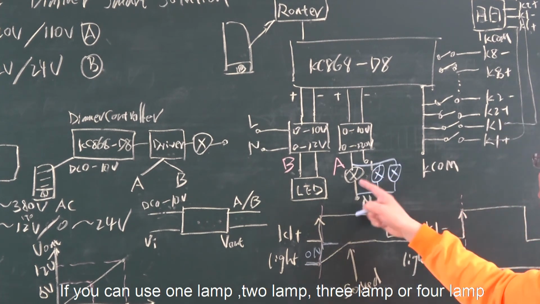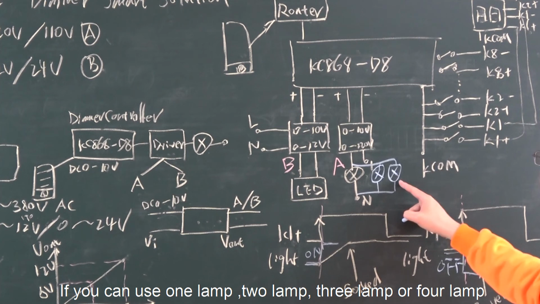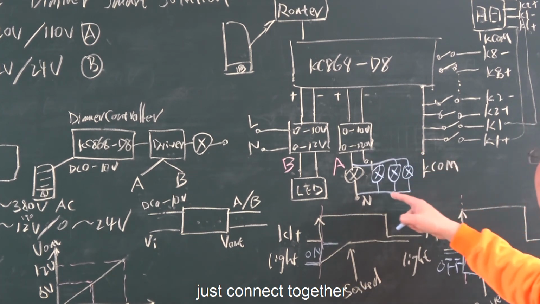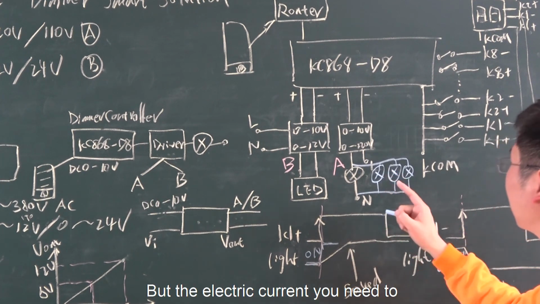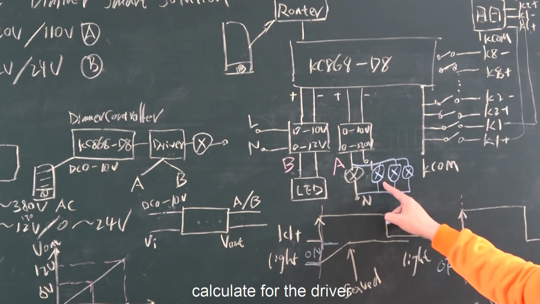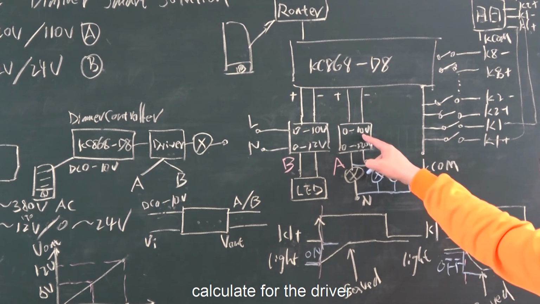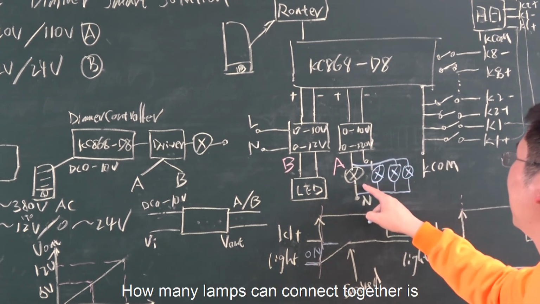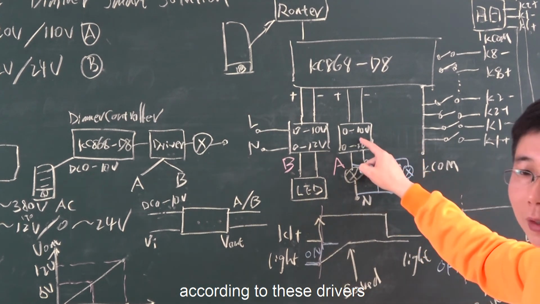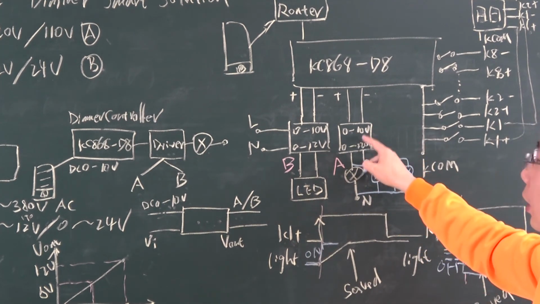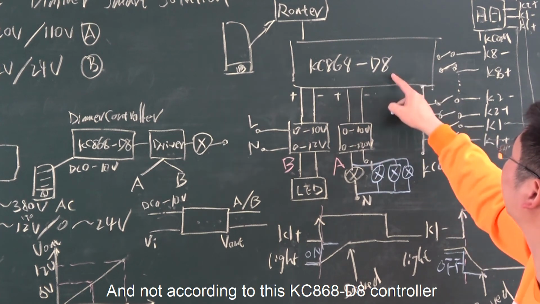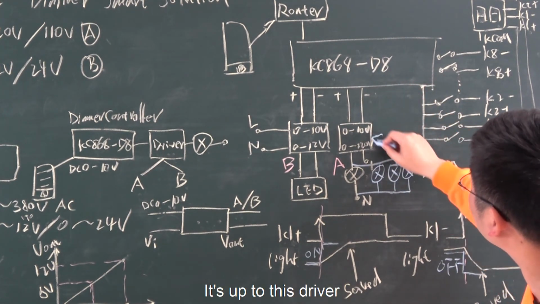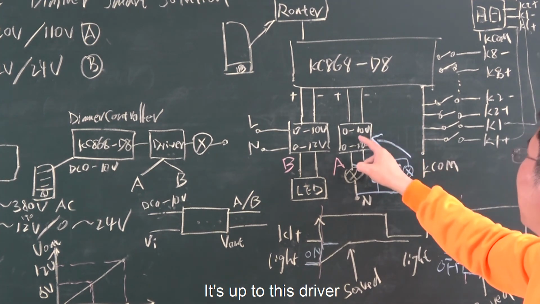You can use 1 lamp, 2 lamps, 3 lamps or 4 lamps, just connect them together. But you need to calculate the current for the driver. How many lamps can be connected together depends on this driver's power supply and current, not on this D8 controller. It's up to this driver.